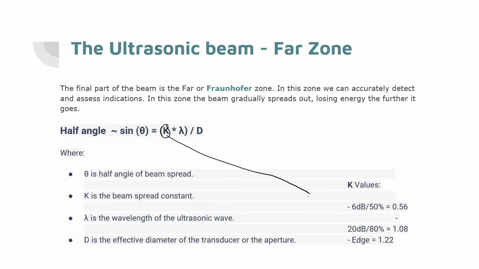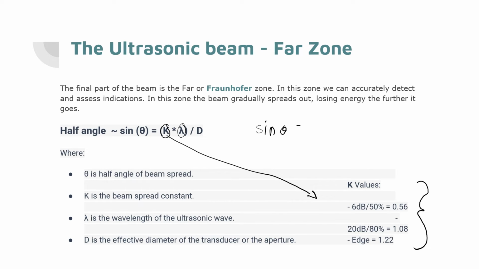These are some typical constant values. However, you may want to ask the course that you're in just for the values that they use. It may differ from these. So it's constant multiplied by wavelength divided by diameter. So let's do it this way.